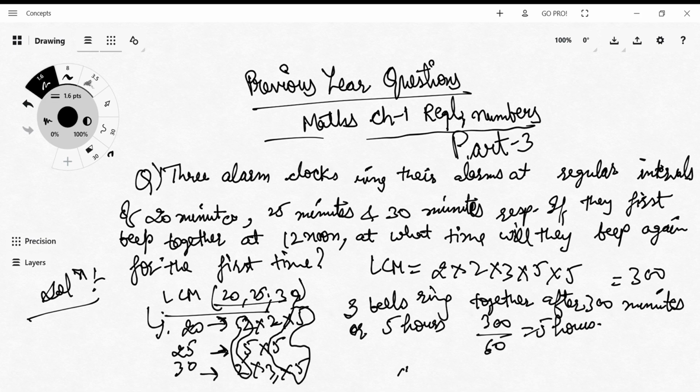Since they rang together at 12 noon, they will ring together again at 5 p.m. That means you count 5 hours after 12, so you get 5 p.m. So again these 3 bells will beep together at 5 p.m. Now let's move to the next question.